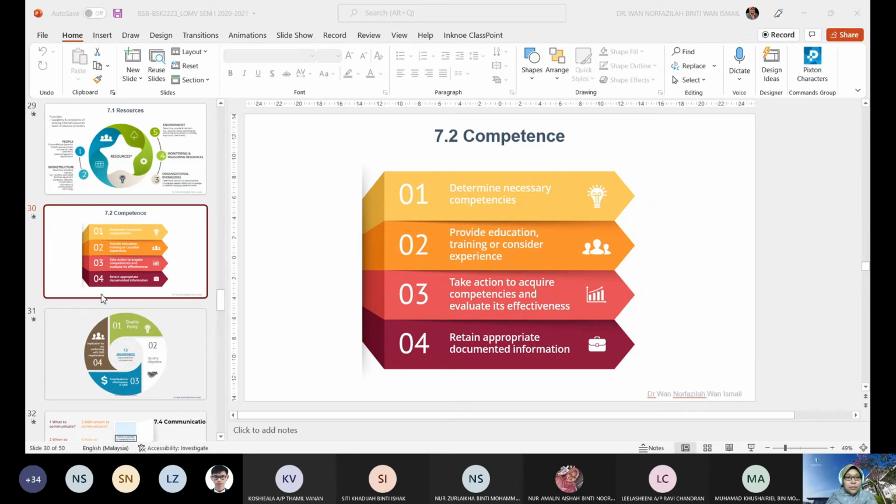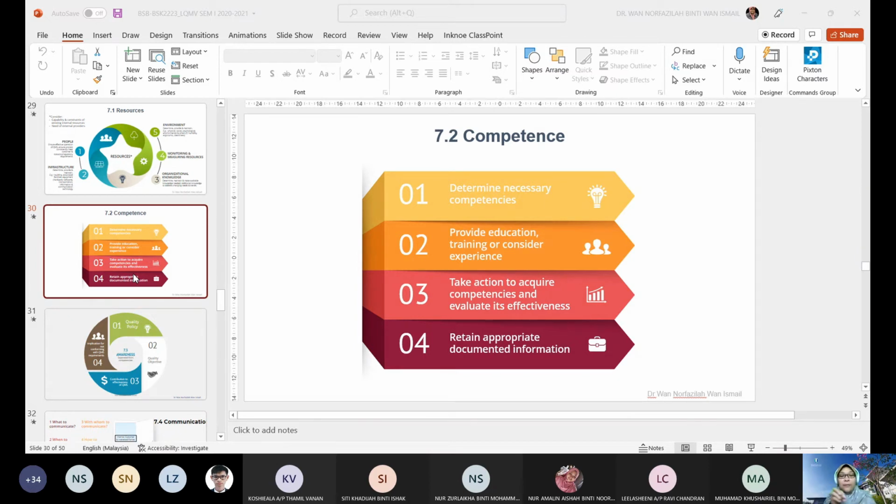Okay. Take action to acquire competencies and evaluate its effectiveness. Okay. Just now Zulaika said exam paper and also the results. Tak boleh exam paper je. Exam paper ni betul, tapi biasanya kita tengok results dia lah baru kita boleh tahu effectiveness of the training. Kalau kita tunjuk exam paper sahaja, auditor tak boleh tahu efektif ke tak.